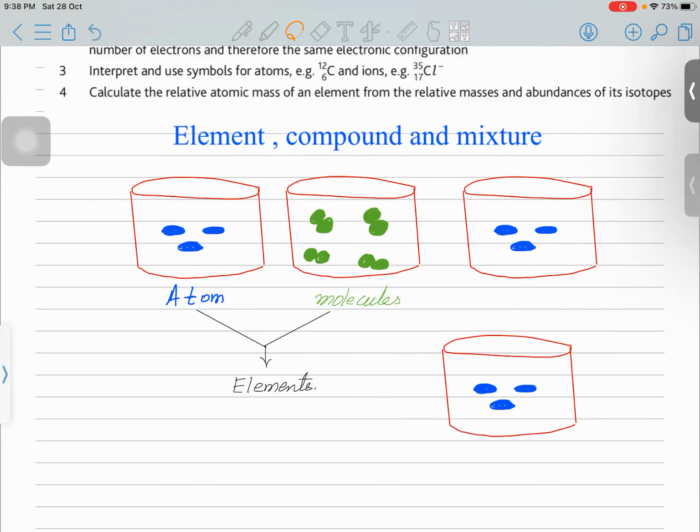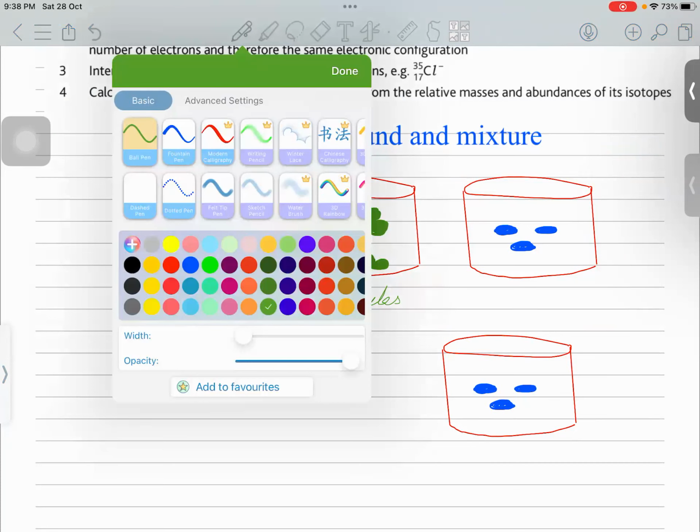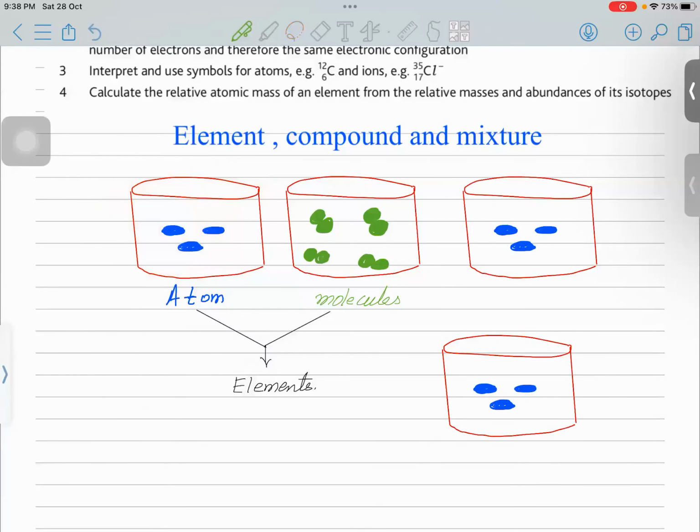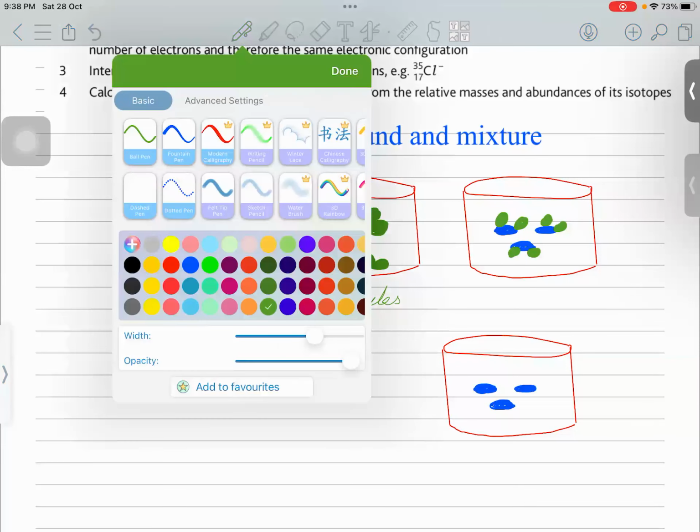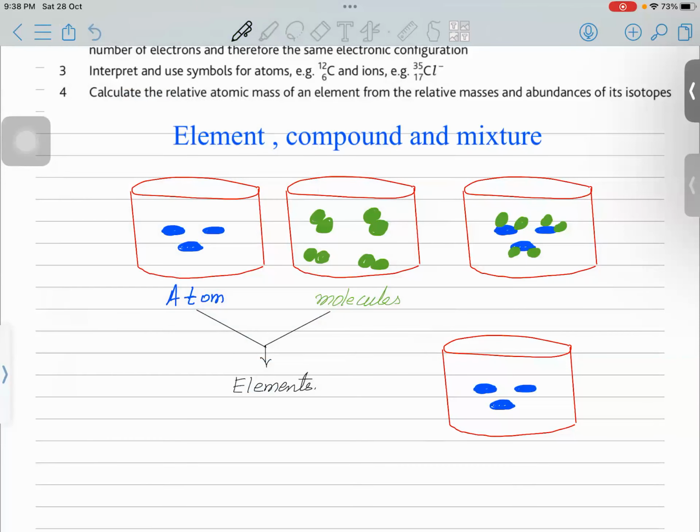Let's suppose these two. Here we have atoms of two different kinds, so it is a compound.